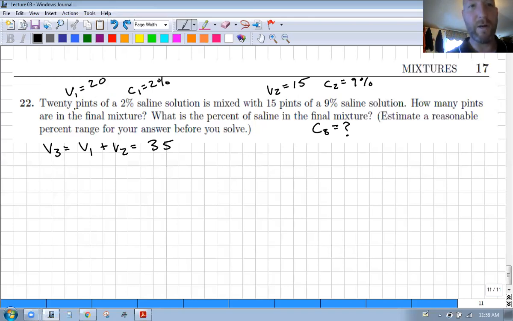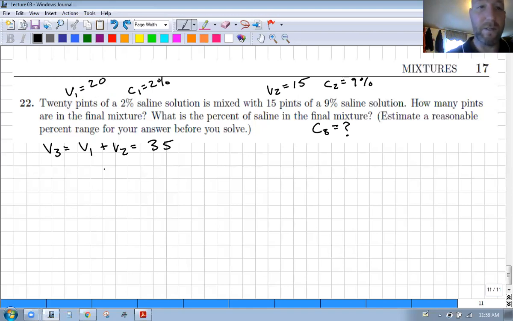If it was equal pints at 2% and 9%, it would be directly in the middle, which would be 5.5%. There's a 7% difference between them, and half of that is 3.5. Right in the middle would be 5.5%, but it's closer to 2%. So I'm thinking like 4.5 maybe.